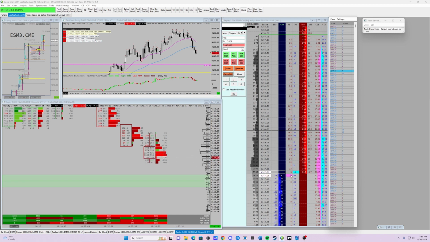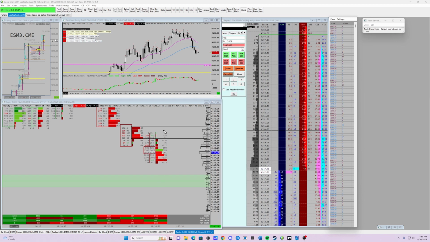Sellers still putting a lot of pressure on price here. And remember, now when we get a pullback, buyers need to get above this area where sellers were previously applying pressure, right?